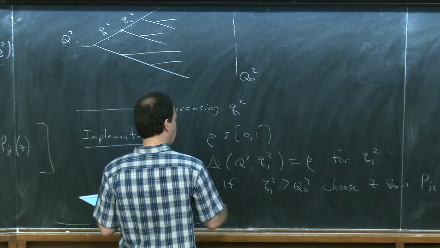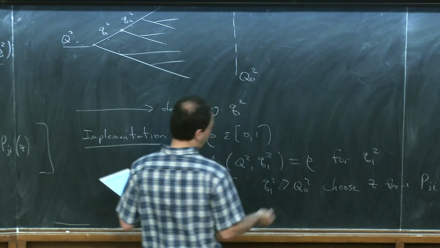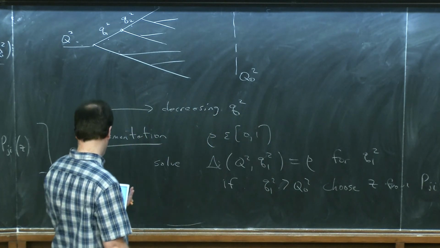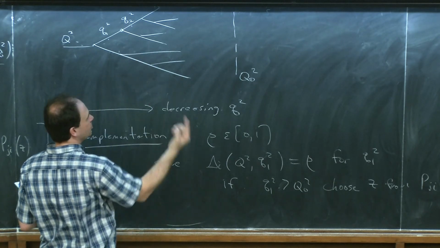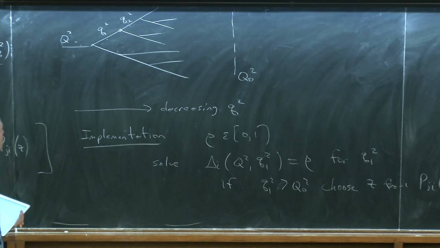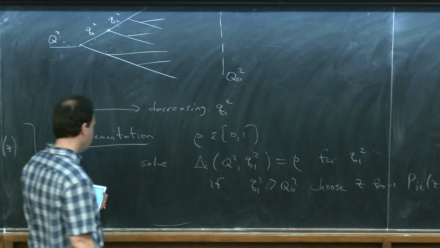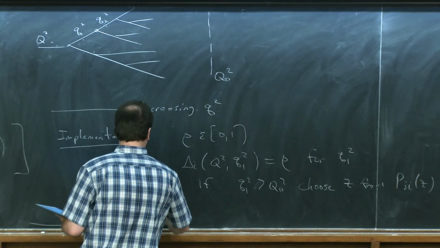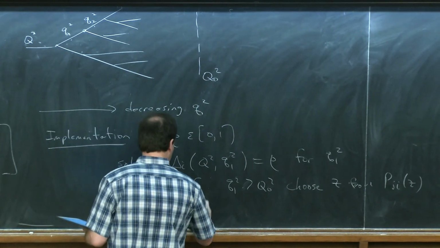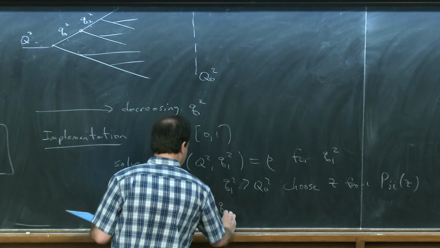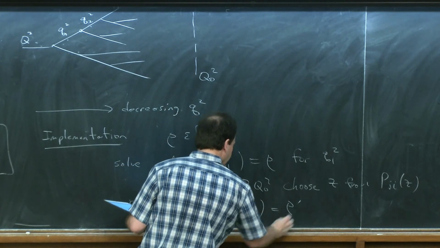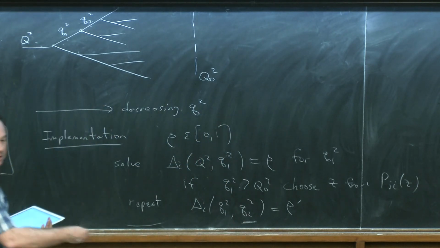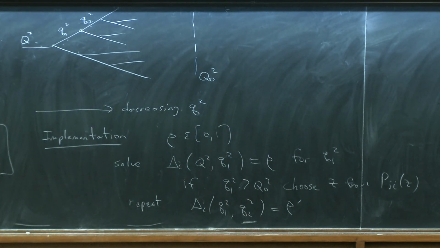And if this isn't satisfied, then you would stop the shower. Okay, and then once you do that, you would repeat to determine this Q2 squared, et cetera, down the shower. And when you repeat, you would start at Q1 squared instead of capital Q squared as your initial condition. There would be some other rho, and you'd solve for Q2, and that's how you probabilistically determine the shower.